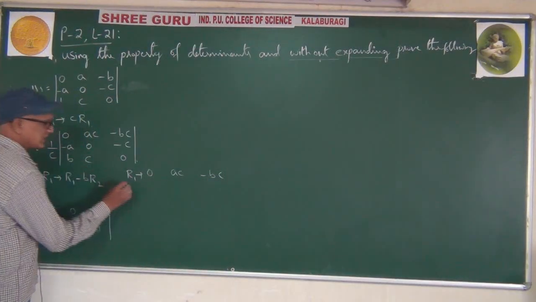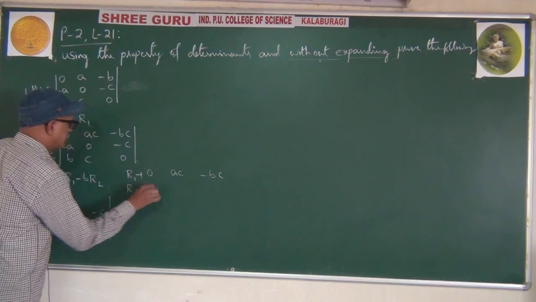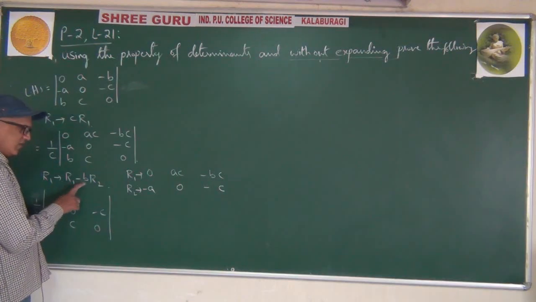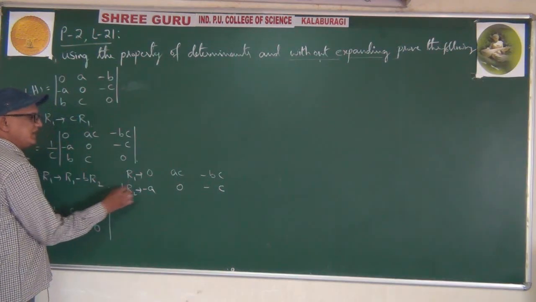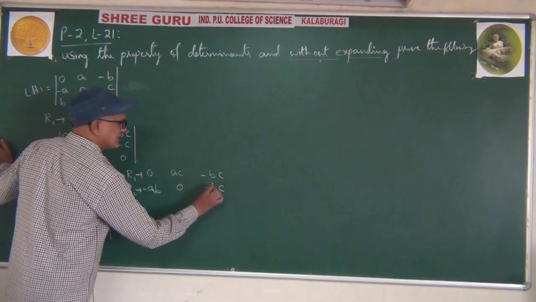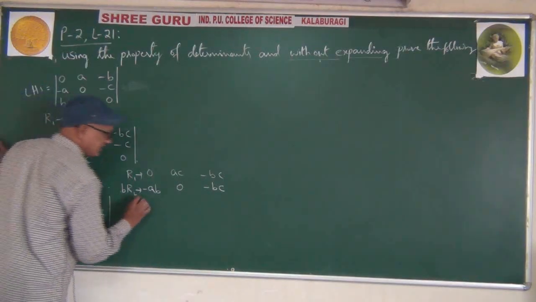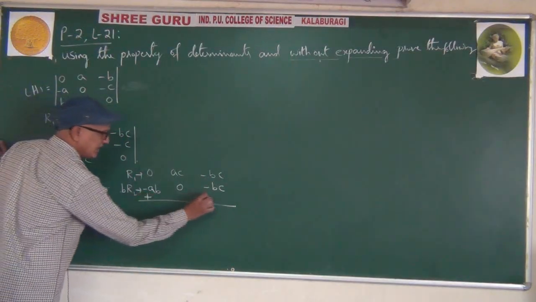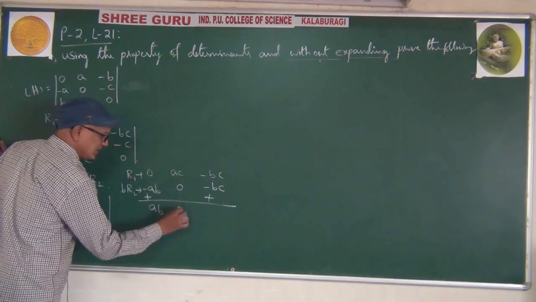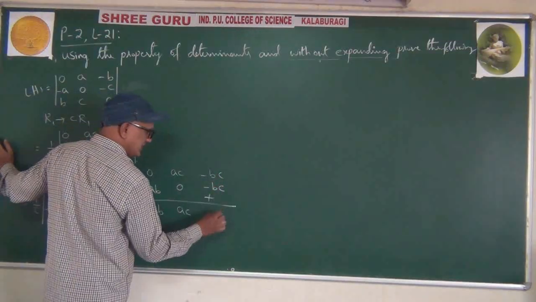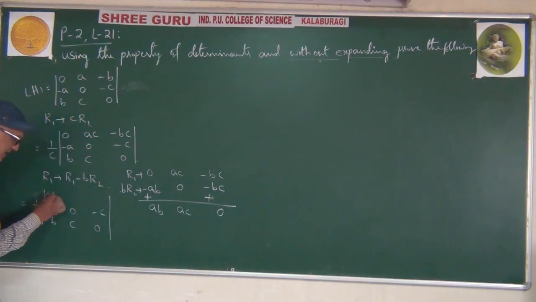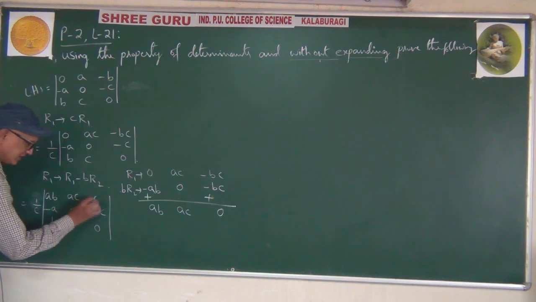R2 is minus a, 0, minus c. We want bR2: b into minus a, b into 0, b into minus c, minus bc. Subtraction means the signs get changed. 0 plus ab, aC plus 0, aC. bC plus bc, minus bc plus bc. So what is left? ab, aC, 0.